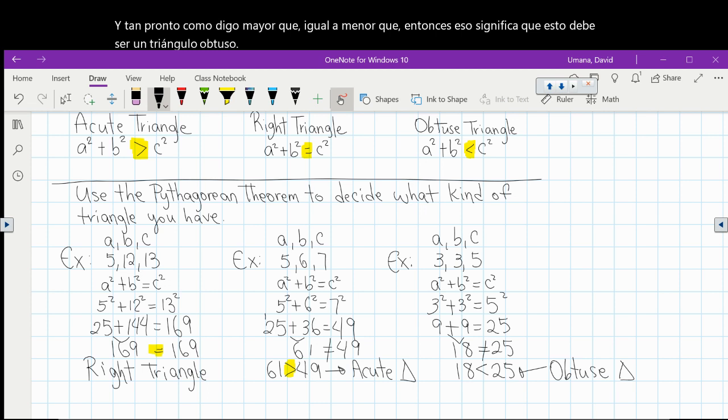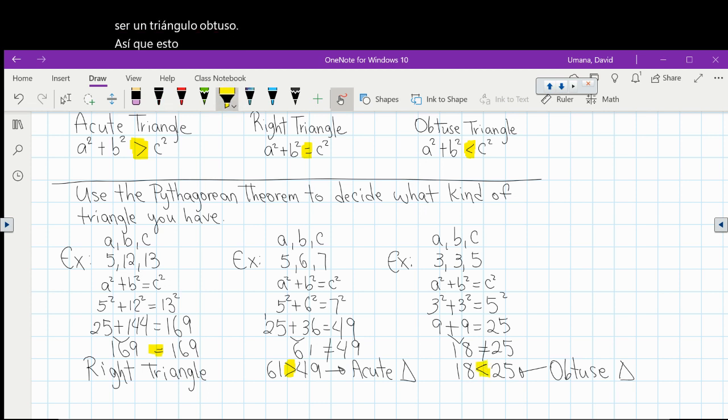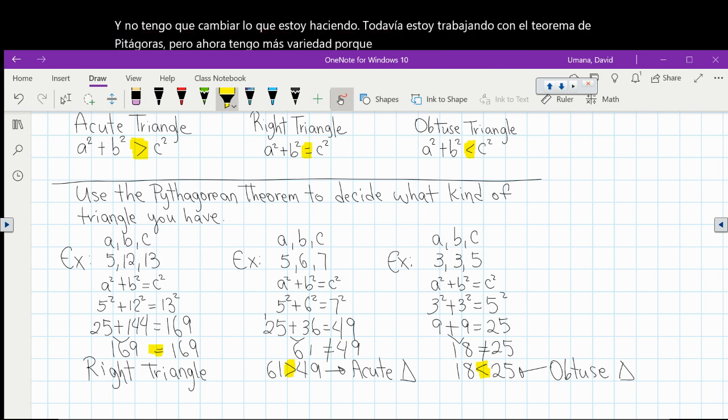So this is an obtuse triangle. And again, exact same formula, yet it gives me very simple information. Okay? And I don't have to change what I'm doing. I'm still working with the Pythagorean theorem, but now I have more variety because I can deal with different kinds of triangles. Any quick questions on this part?